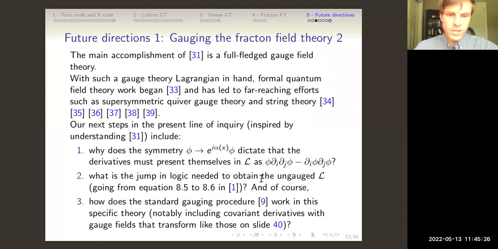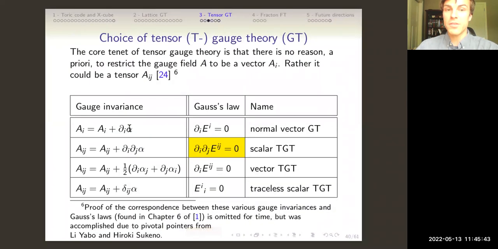Notably, some of the ways that the covariant derivative comes up is not quite clear. In a gauge field theory procedure, you need to respect how the gauge fields transform. So how does the covariant derivative take into account all these transformations of the gauge field?